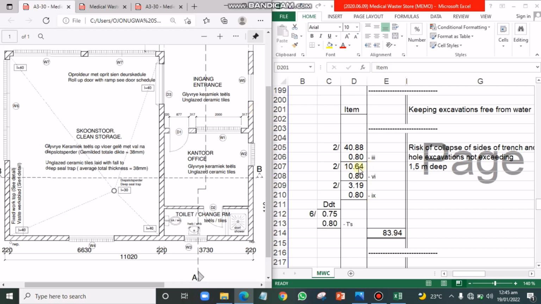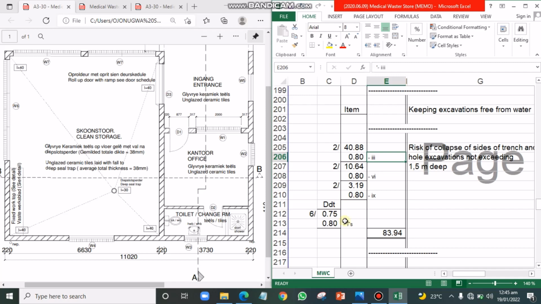Then 10.64, we already know that this is the value of this wall plus this other wall that we've calculated in the collection, by the depth 0.80, then multiply by 2 because of the two sides of the trench excavation, of the earthwork support. Then this is for this 110 wall, 3.19 by the depth by 2. So if you have done this, you transfer your values to this place as I've always explained.